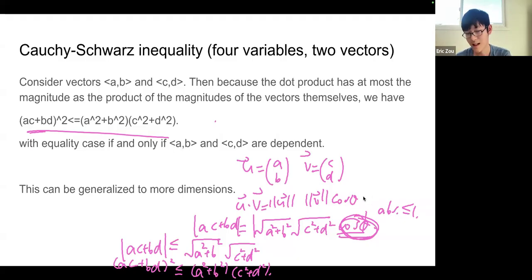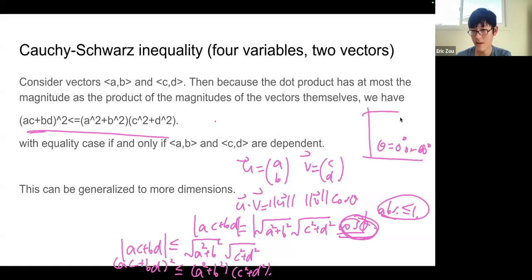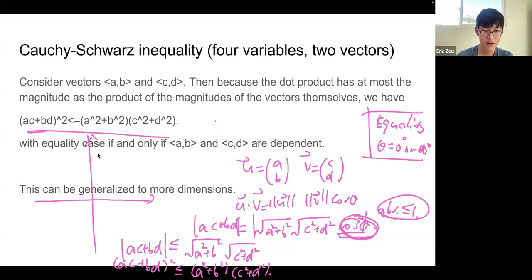And we can look at the equality case for this inequality. The only time cosine theta has absolute value exactly 1 is if theta is equal to 0 degrees or 180 degrees. If we look at this in an xy plane, two vectors with 0 degrees lie in the exact same direction.